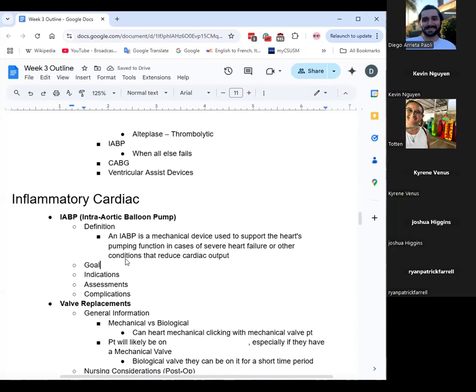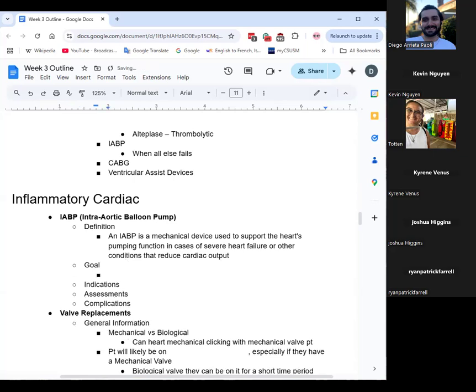What is the goal of the IABP? Yeah, so essentially, all right answers.